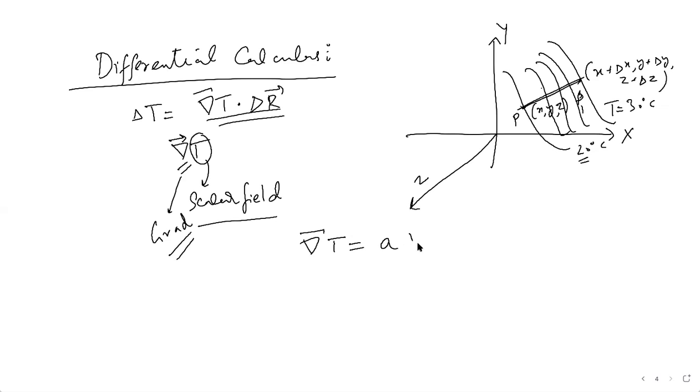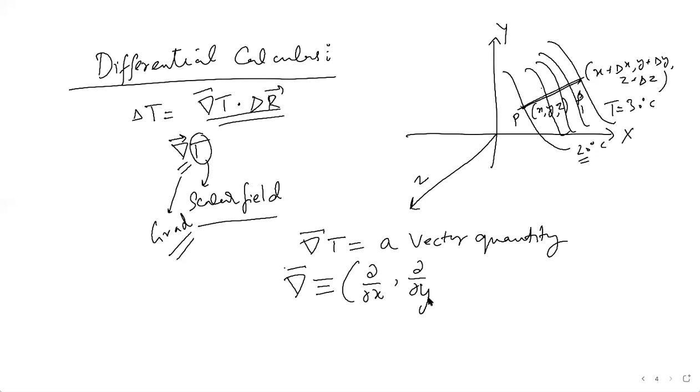A vector quantity. And when it is a vector quantity, it has components. What are those components? They constitute these three components.